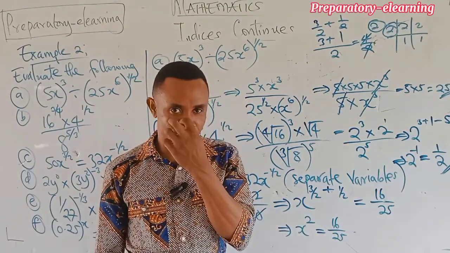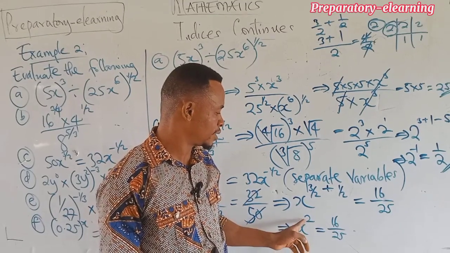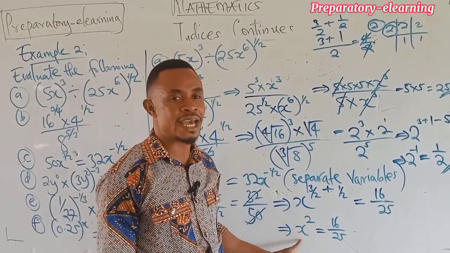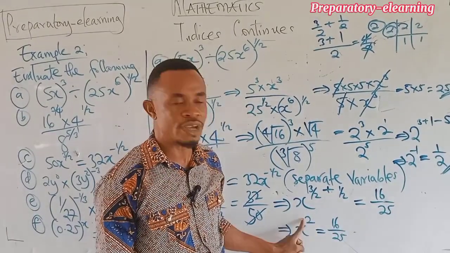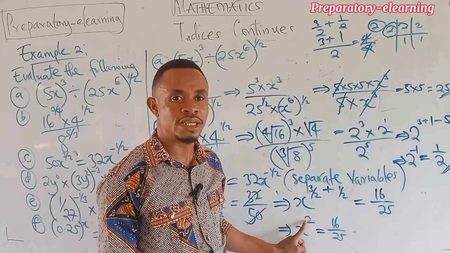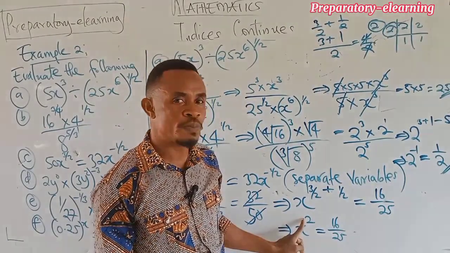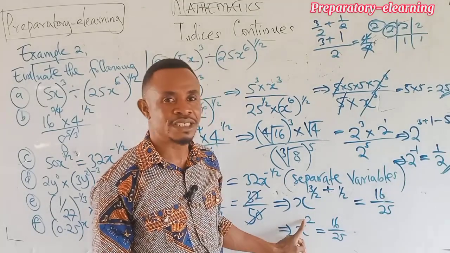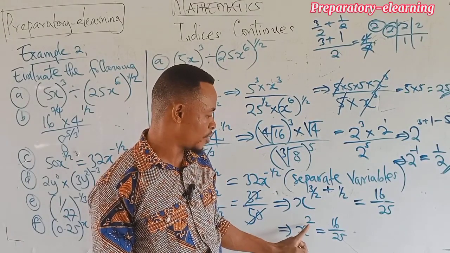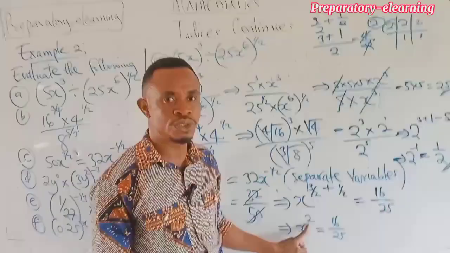Now, what do we do so that this 2 here can leave this x? Note, anytime you have power 2, you take the square root of both sides. Anytime you have power 3, you take the cube root. Power 4 is fourth root. Power 5 is fifth root. Now that we have power 2, we take the square root of both sides.